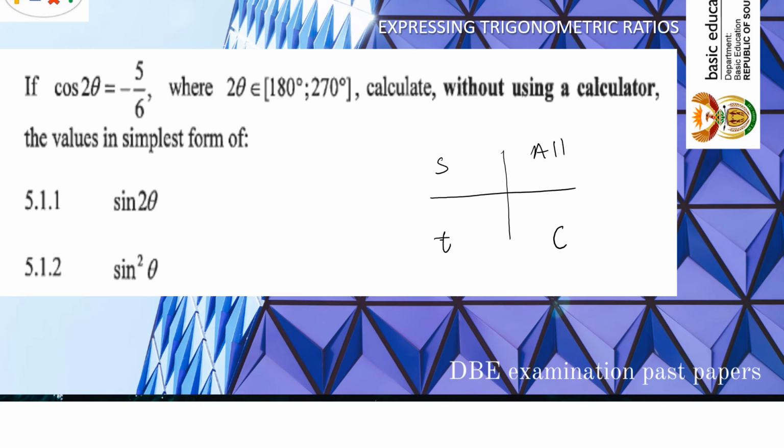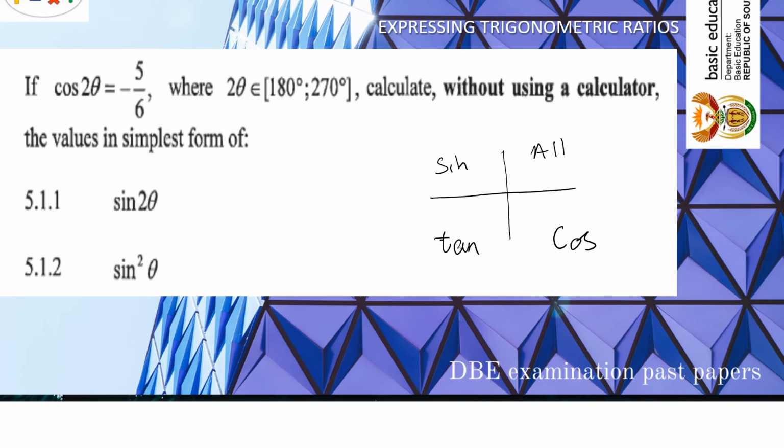So that's your Cartesian plane. This is the quadrant for sine, this is the quadrant for tan, and this is the quadrant for cos. So cos lies in the fourth quadrant and in the first quadrant, because all of them lie in the first.